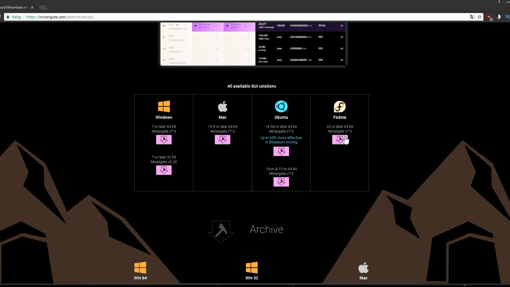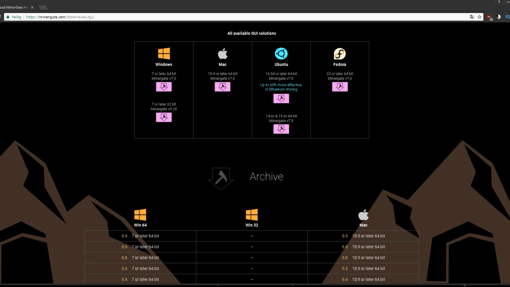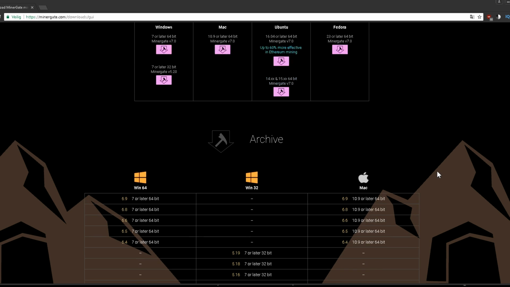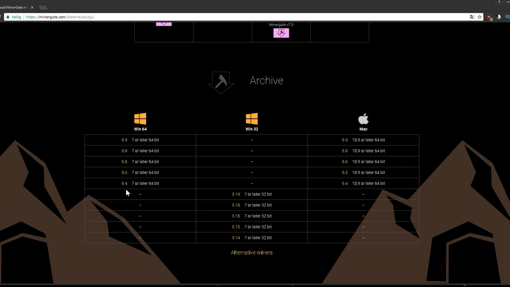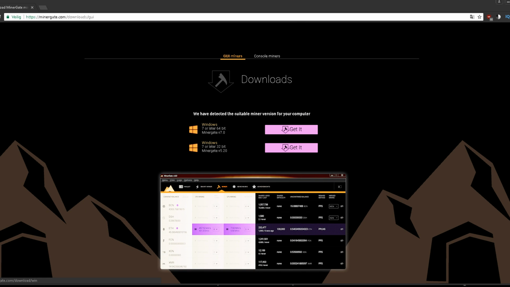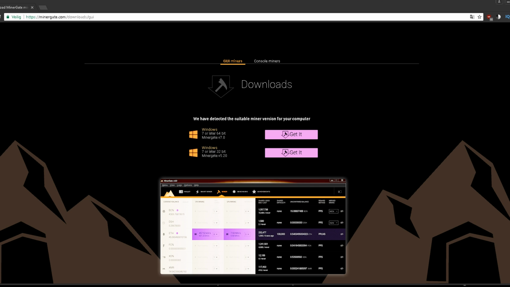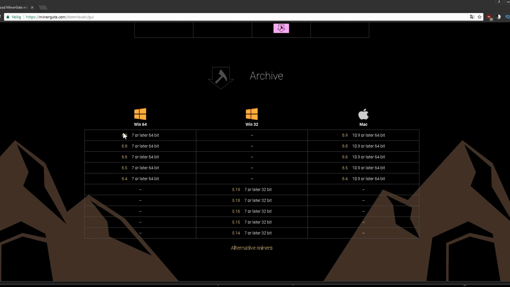What is supported, what is well optimized for which, etc. Alright, and here you can see the previous versions of the Minergate app, 6.9, 6.8, 6.6. So if something doesn't work in 7.0 for you, or you get a slower hash rate, you can always go back to a previous version and check.